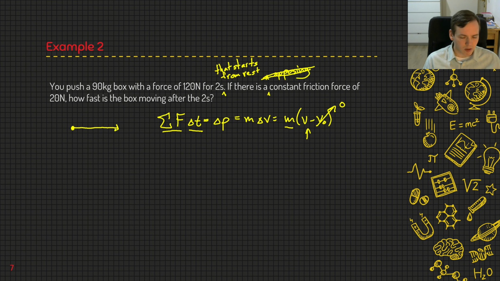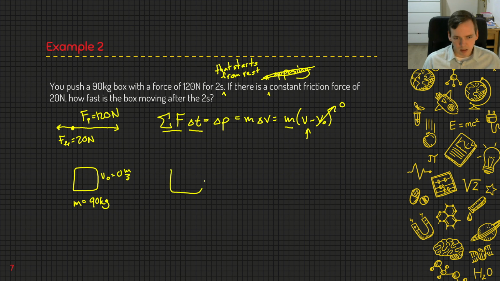I'm going to start with force push equals 120 newtons, and then we're going to have an opposed force friction equal to 20 newtons, and a mass equal to 90 kilograms, v naught equals 0 meters per second, and at some time later, delta t equals 2 seconds. We're looking for the final speed in meters per second.